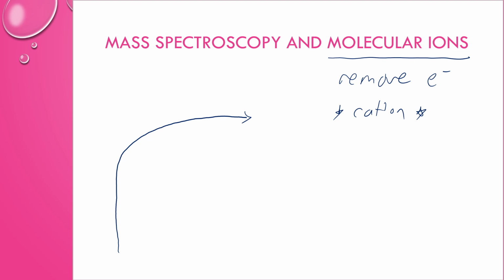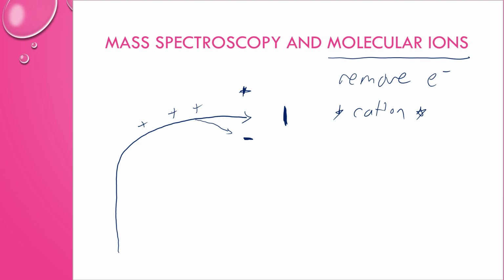And then there's going to be a magnetic field applied at the end and a sensor. So there's going to be a negative charge and a positive charge like that. And as the positively charged ion, the molecular ion, moves around this corner, it's going to be attracted to that negative side of the electric field.